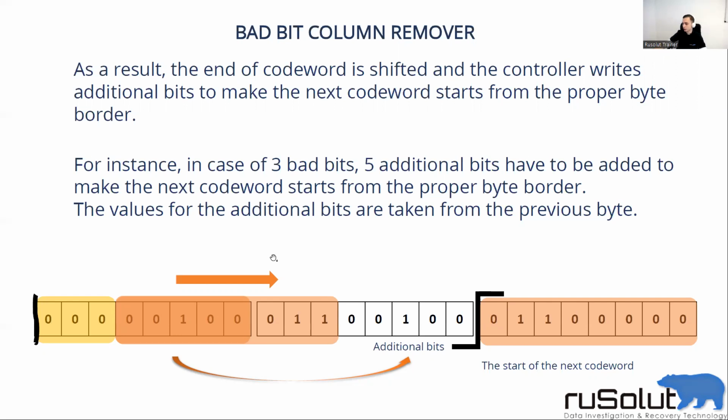You can see it here. In this case, we had 3 bad bits in our code word, so the controller was able to write additional 5 bits to make the whole byte full, to make the start of the next code word from the proper place.